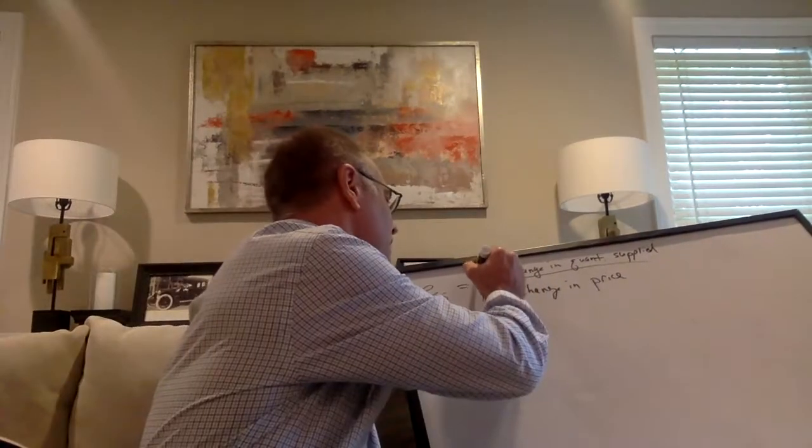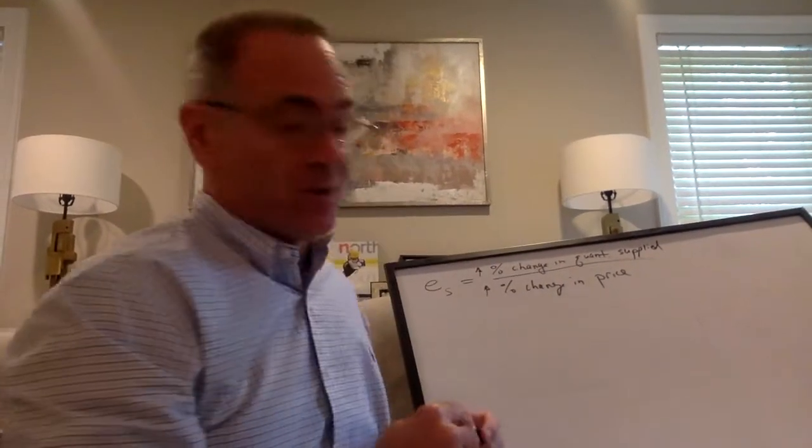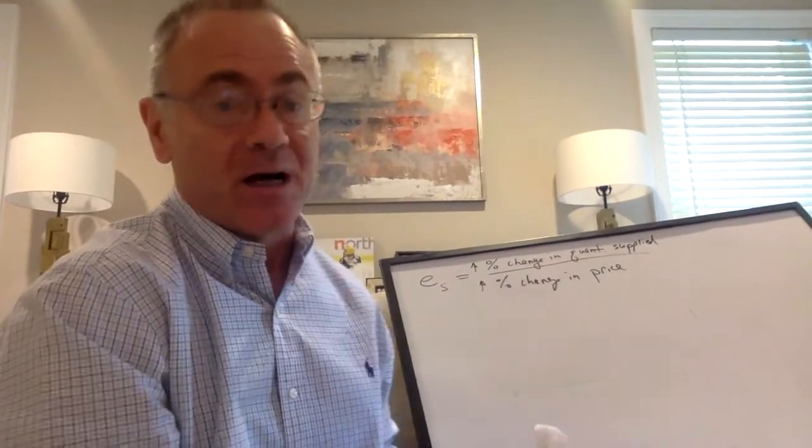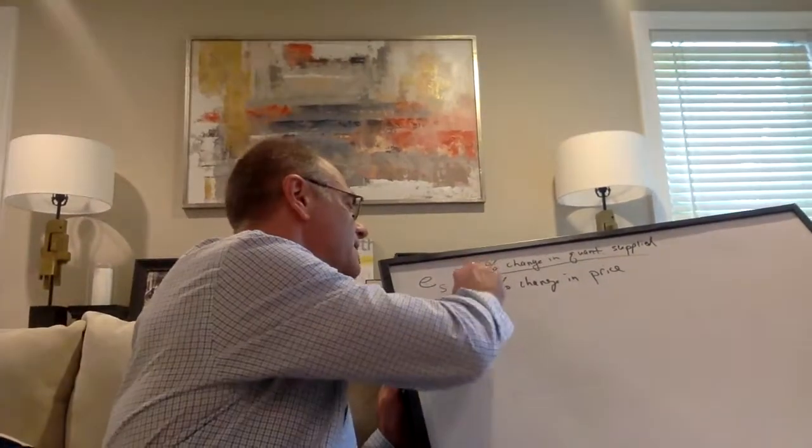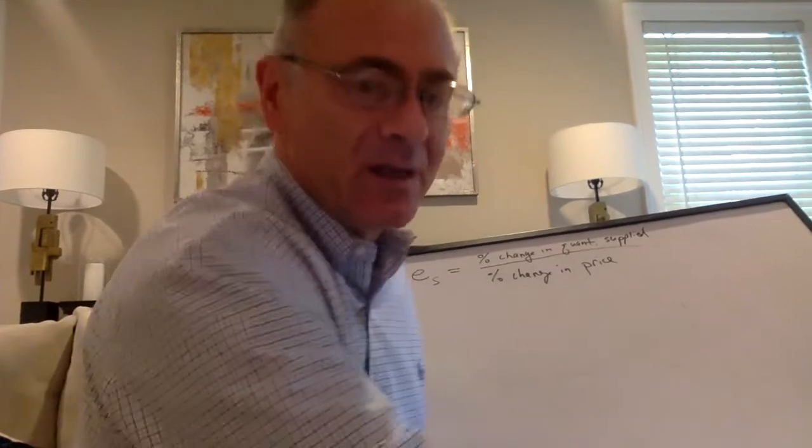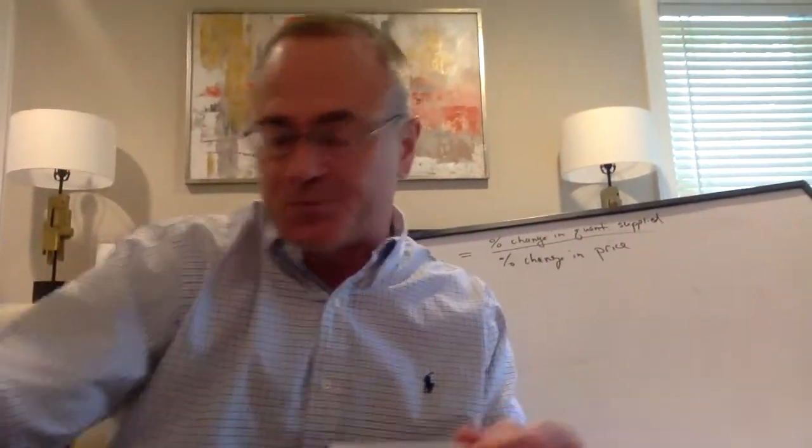So both of these numbers are going to be positive, and a positive divided by a positive number is positive. So first, we know that elasticity is going to be positive, unlike the elasticity of demand.